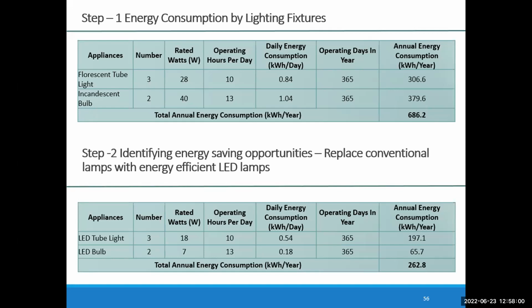So if you are using the same number of operating hours, the daily energy consumption is reduced from 0.84 in case of fluorescent tube lights to 0.54 in case of LED tube lights, and 1.04 in case of incandescent bulbs is reduced to just 0.18 in terms of LED bulbs. In this way, you are reducing almost 400 units of electricity consumption. This is replacing old lamps with energy efficient retrofits.